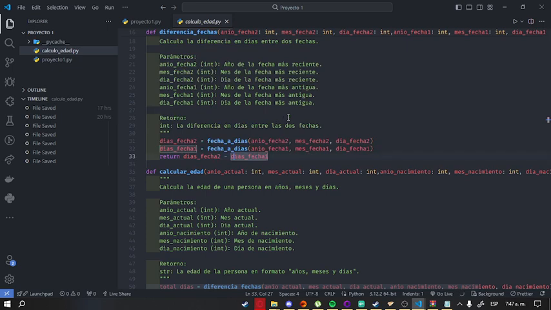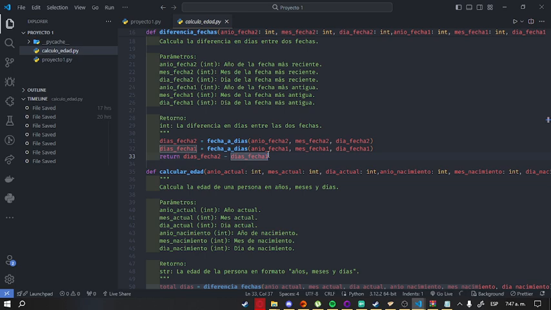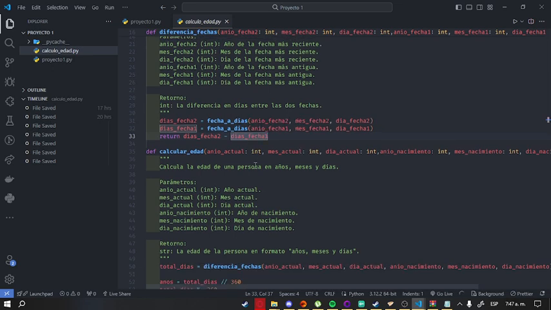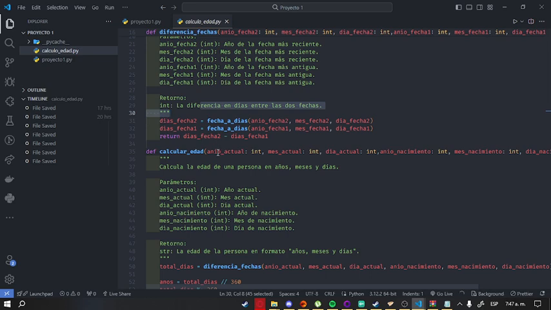An example for me is my born date. So basically we make this equation and it will return me the total number of days of the difference between, like, I don't know, 2 dates, and it will return me an integer perhaps.